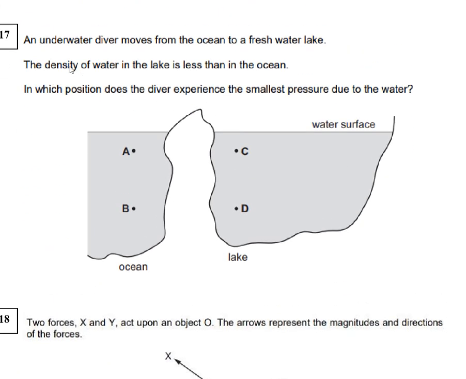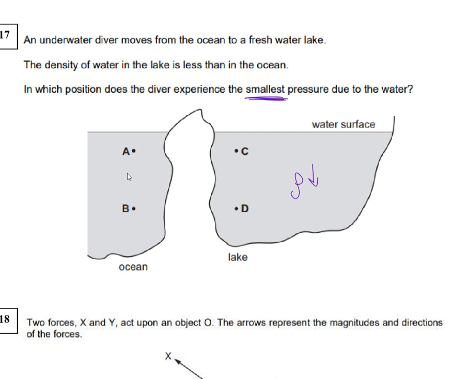Density is less. So okay, an underwater river diver moves from the ocean to the fresh waters. So lake, ocean. The density of the lake is less than the density of the ocean water. In which position does the diver experience the smallest pressure due to the water? Remember, the deeper you go, the pressure increases.